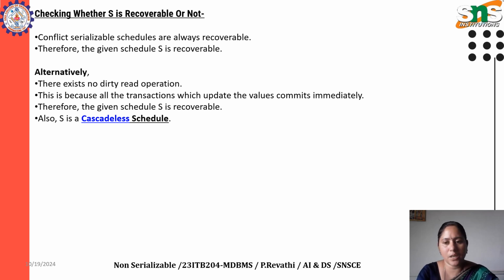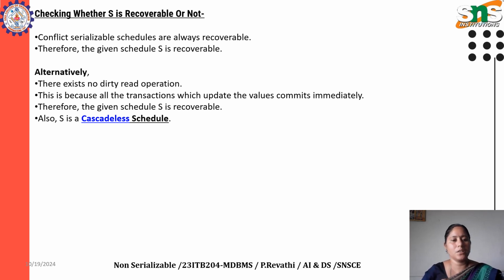Now checking whether S is recoverable or not. Conflict serializable schedules are always recoverable. Therefore, the given schedule S is also recoverable. Alternatively, there exist no dirty read operations. What is meant by dirty read?